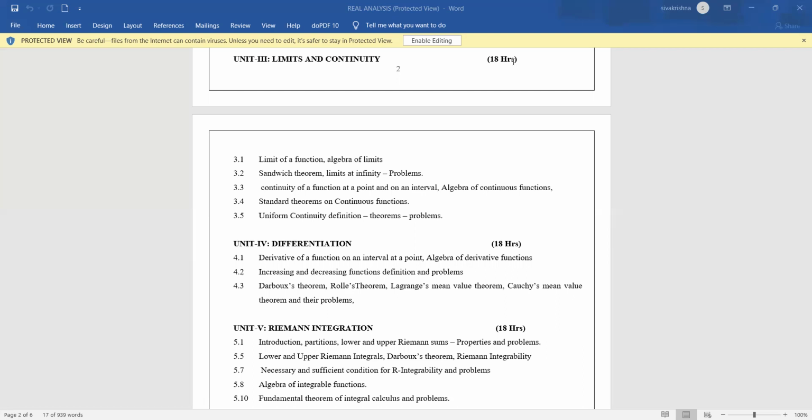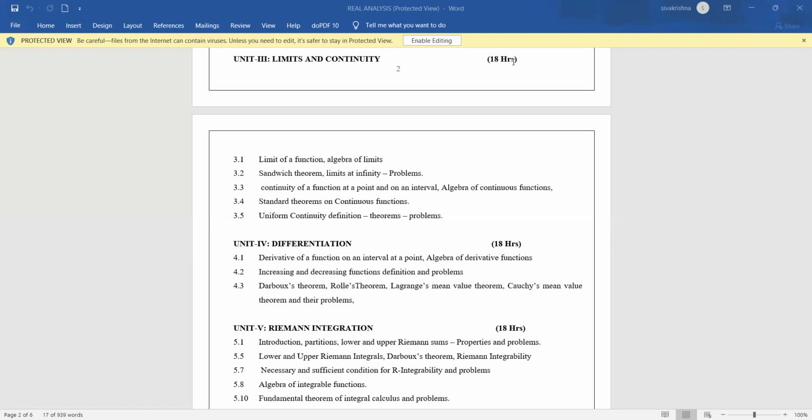And here we will learn some of the mean value theorems: the first one is Rolle's theorem, then Lagrange's mean value theorem, and Cauchy's mean value theorem. And of course, applications, which here are nothing but problems.